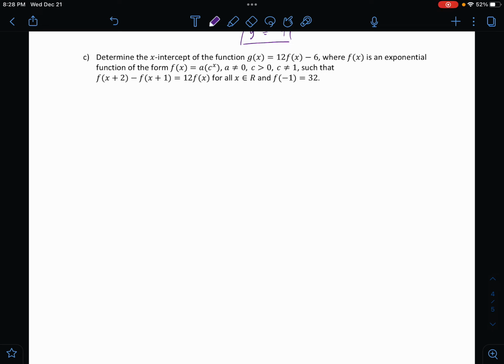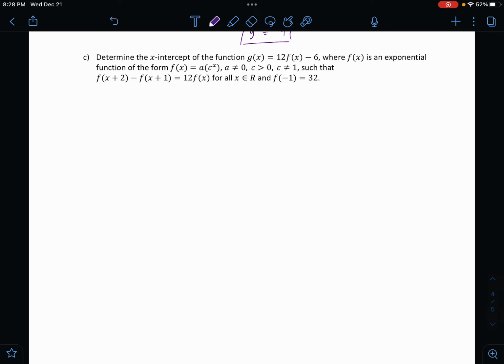It says determine the x-intercept of the function g of x is equal to 12 times f of x minus 6, where f of x is an exponential function of the form f of x is equal to a times c to the exponent of x, where a cannot equal 0, c has to be more than 0, c also cannot equal 1, such that f at x plus 2 minus f at x plus 1 is equal to 12 times f of x for all x belonging to the set of real numbers. And we also know that f at negative 1 is equal to 32.